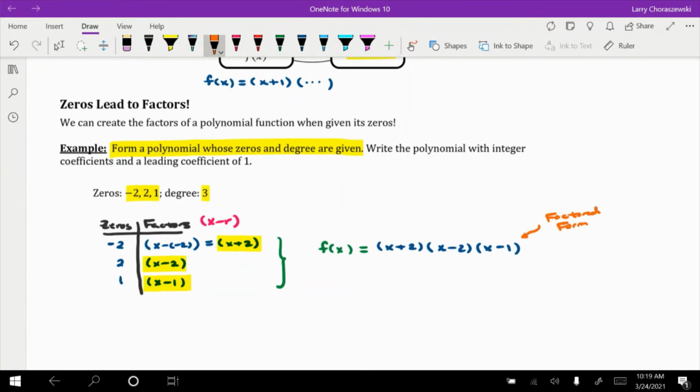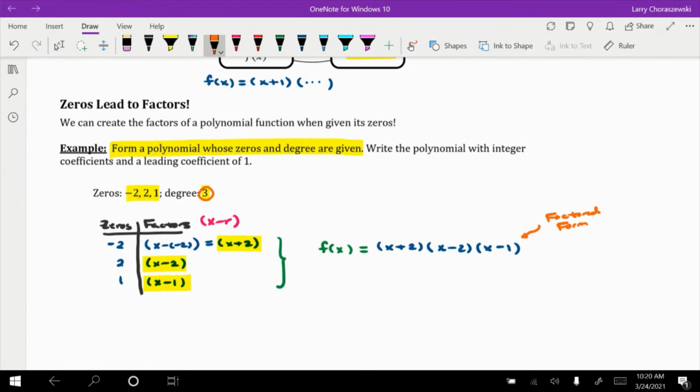Now, factored form is nice, especially if it's given to you at the start of a problem. We could figure out the zeros pretty quickly by looking at numbers that turn each set of parentheses to 0. But keep in mind that we need to verify that our polynomial has a degree of 3, and it's a little hard to tell when a polynomial function is in factored form.